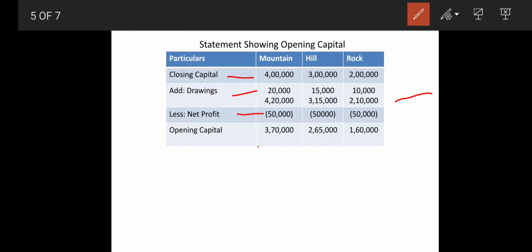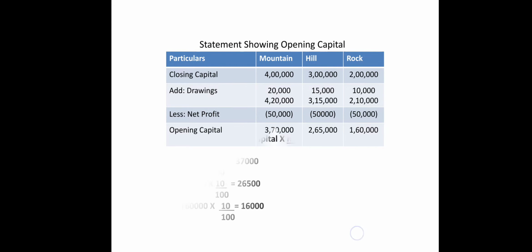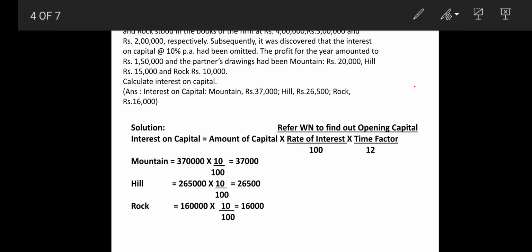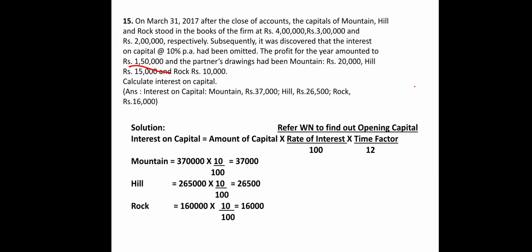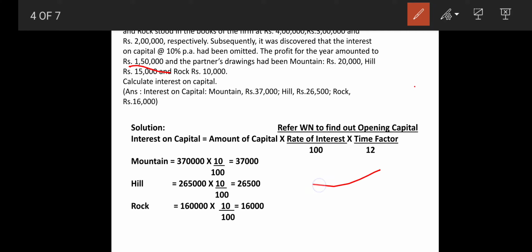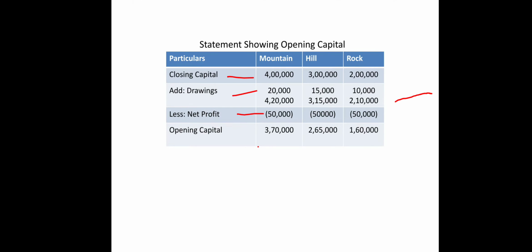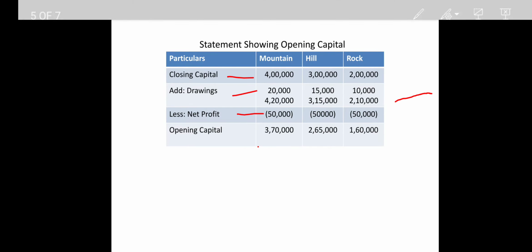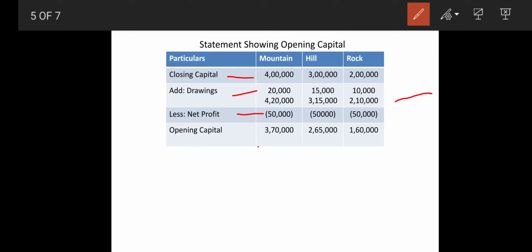Now they had mentioned that the net profit is how much? So net profit is standing at 1,50,000, and in the sum, the profit sharing ratio is not mentioned. So when the profit sharing ratio is not mentioned, we have to distribute it equally. So looking at this net profit, I have distributed it equally among 3 partners.